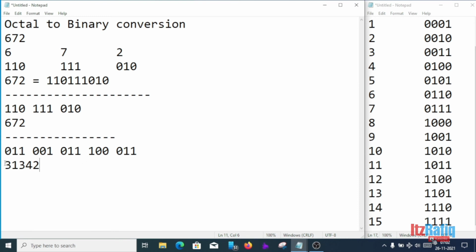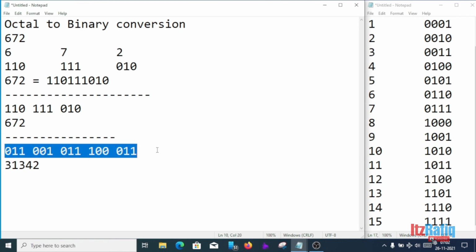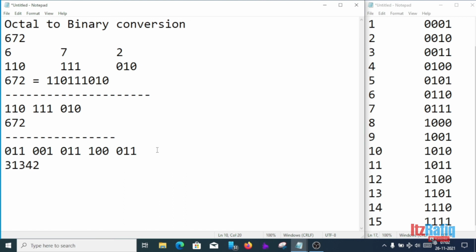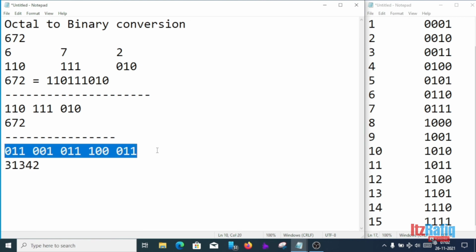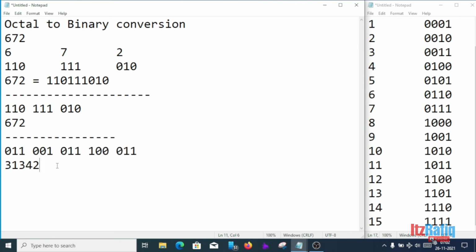Now if we have to convert this number, suppose this octal number, into hexadecimal, then what we'll do, we'll just write the number and divide it into groups of 4. Let's remove the spaces.